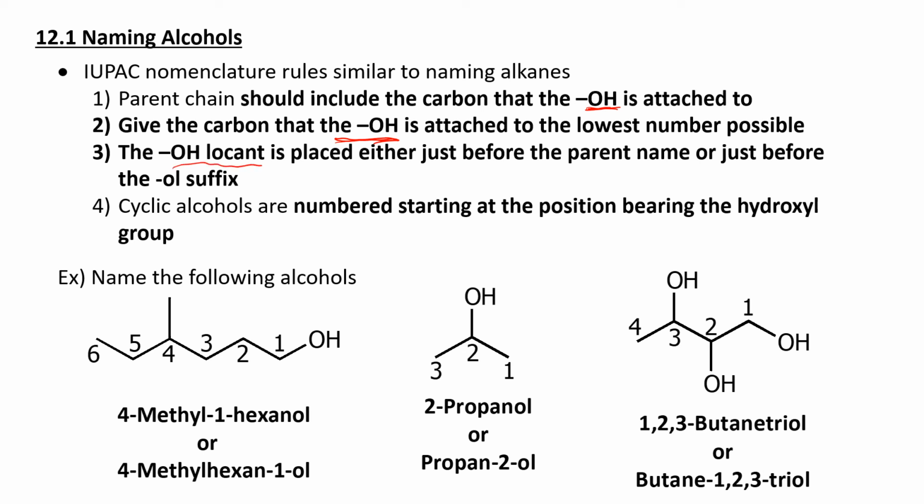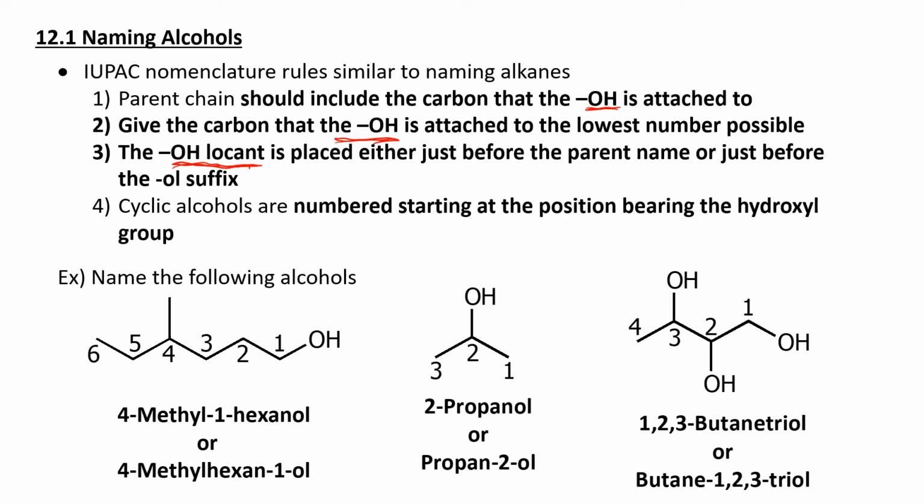The OH locant, or the number, is placed either just before the parent name or just before the suffix -ol. So there's going to be 2 ways that we can include the number for the OH group. And I'll explain why that is important later. And then cyclic alcohols are numbered at the starting position where the hydroxyl group is. So we're going to give that the number 1 position.